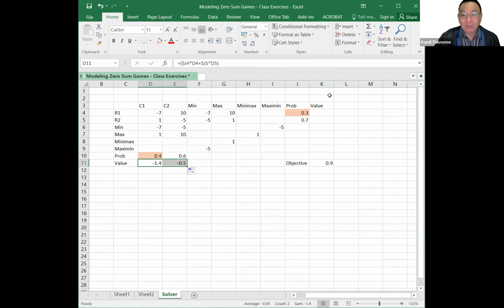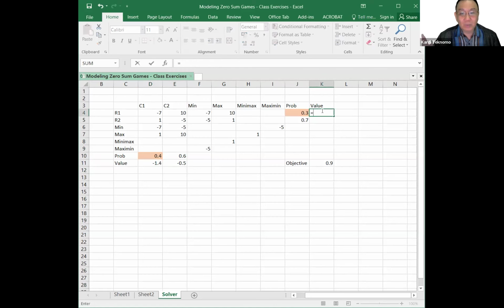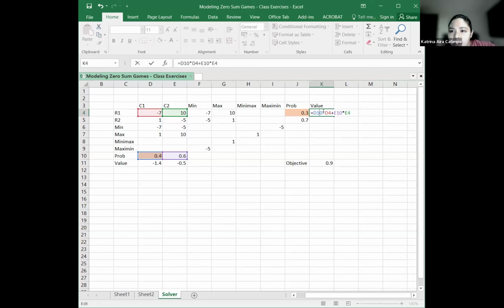No problem. Now the same thing in column K, K4, you do the same. But now the probability down there multiply by -7 plus the probability down there 0.6 multiplied by 10. Okay, enter and then copy the same down.